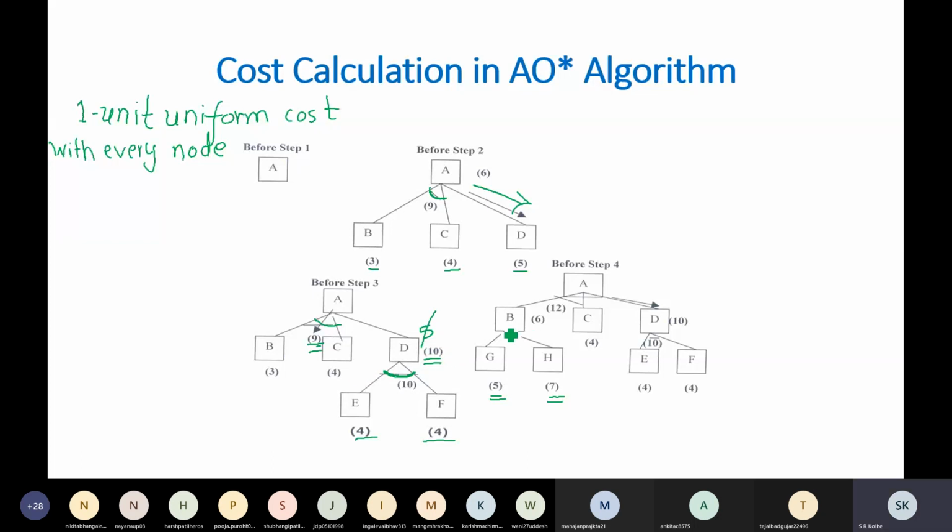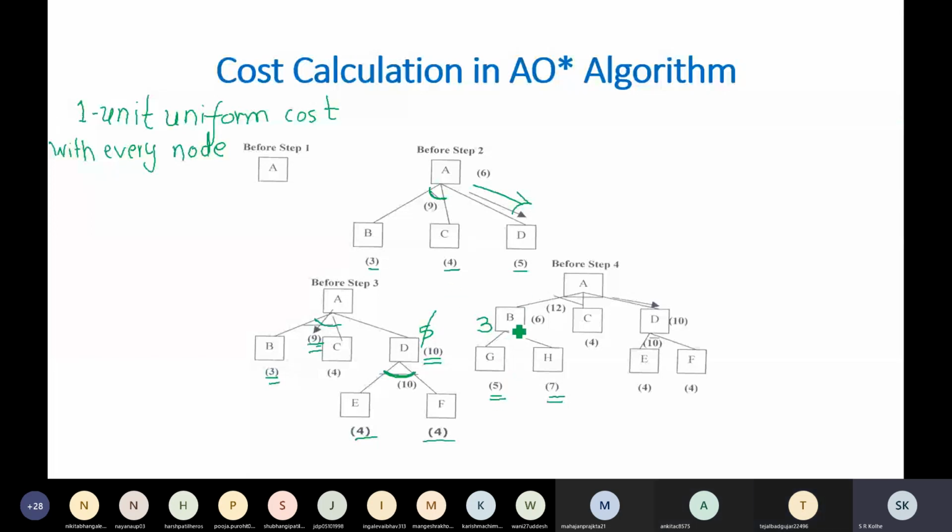The cost associated with B, what was that cost? Earlier the cost was 3. Okay, B has cost 3. But now G and H have been generated with corresponding costs 5 and 7. Which one is better? Node G, that is cost 5.